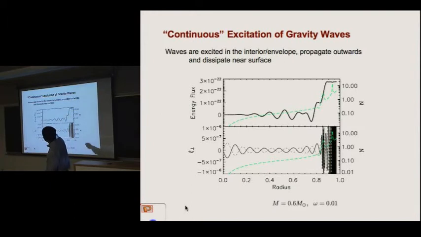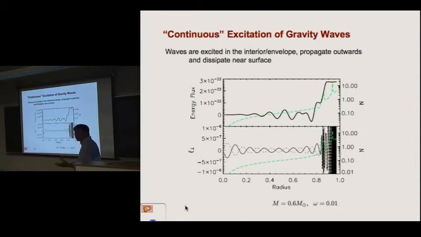Of course, there is perturbation everywhere, and all this region is wave zone, but most of the change somehow occurs here, because this is the region where there is a sudden change in the Brunt-Väisälä oscillation frequency. This is just one example for a given tidal forcing frequency.